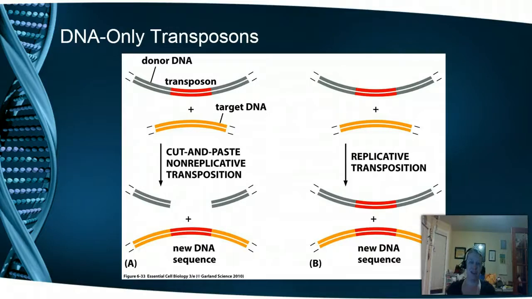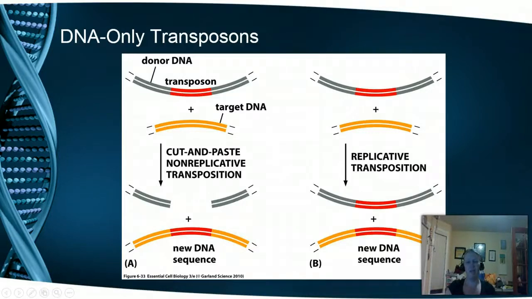If we use non-homologous end joining, we will potentially lose a segment of DNA. Or if we use the homologous copy, we'll be able to get that DNA sequence and maybe won't lose as much information on the original DNA. It just depends on how we do that. Whereas replicative transposition is where the gene will copy itself and then insert it. So both the old and the new DNA now have that sequence of DNA.